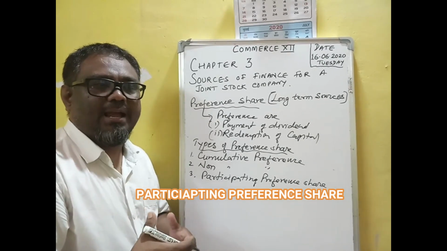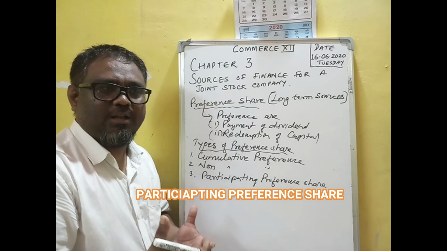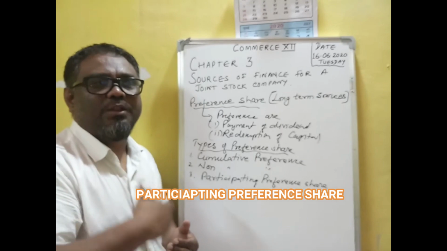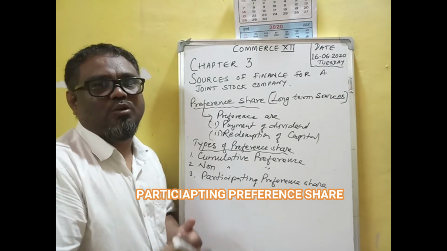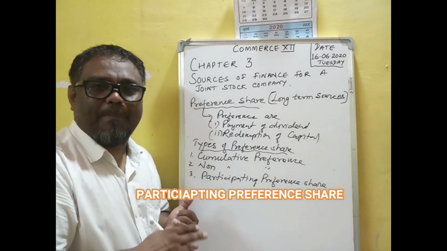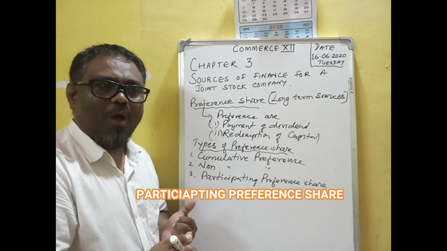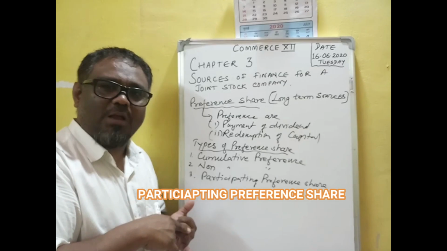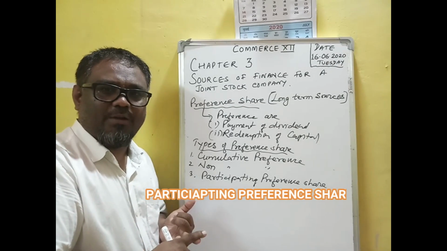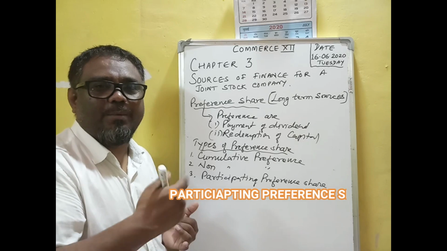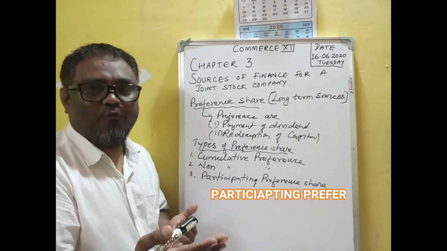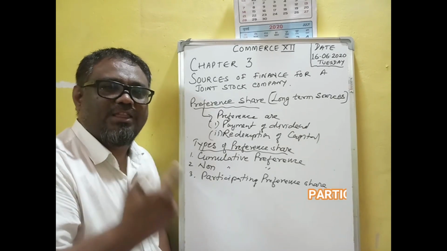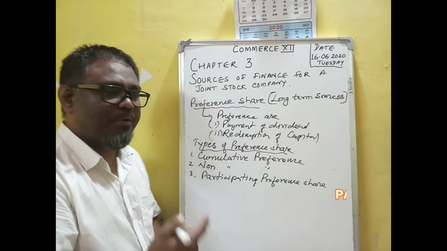When the company earns super profit, on that profit also they get a dividend. That's why they get two types of dividend. They participate in the surplus profit of the company. First they get a normal dividend, and next they get dividend on the super profit or excess profit. That's why they are also called participating preference shares.